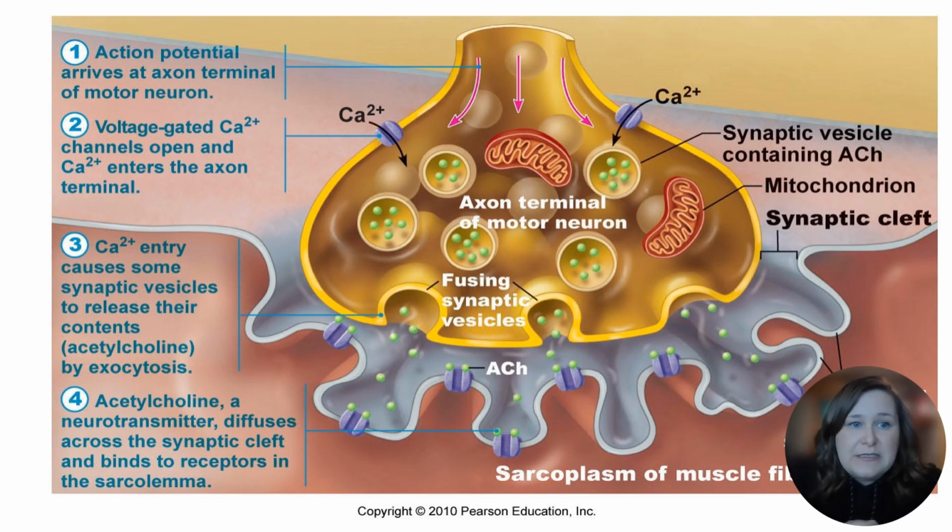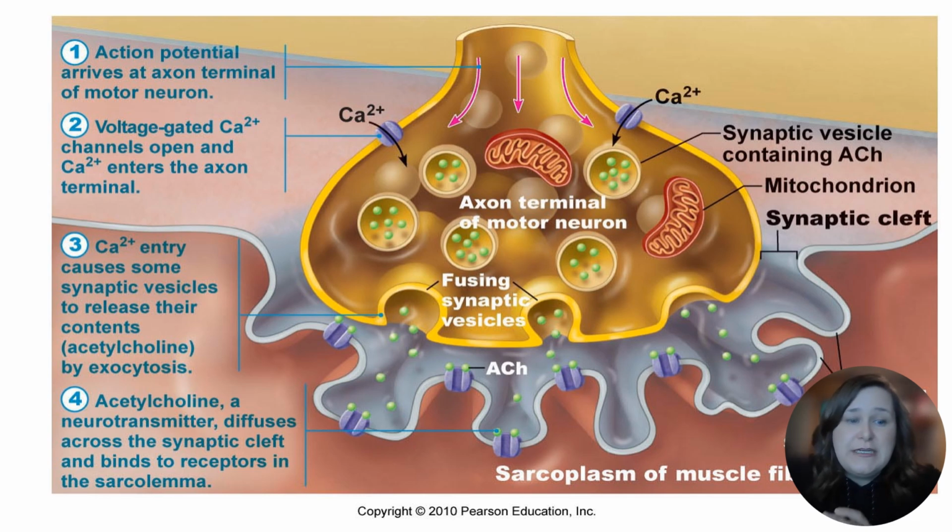The first thing that happens is an action potential is going to arrive at the axon terminal. So you're going to get a little electrical signal saying, hey, I need this muscle to do something. In response to that, calcium channels are going to open, and calcium is going to flow into that axon terminal.